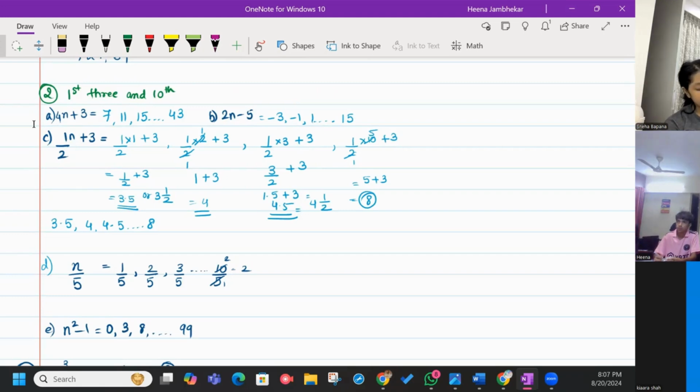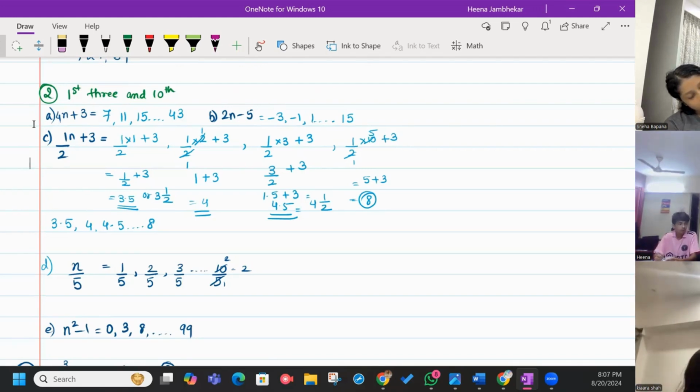See, 1 upon 1. 1 upon 2n plus 3. So you do 2 into 2. 1 upon 2 represents half.